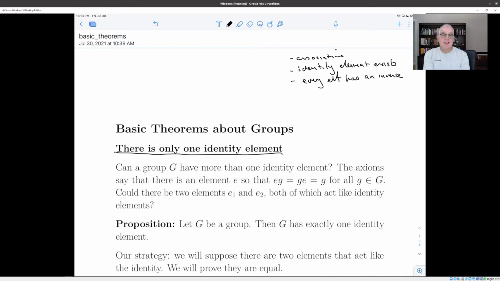So one thing which is not said is, could it happen that a group has more than one identity element? The axioms just say that there is an identity element, but they don't say that there's only one.